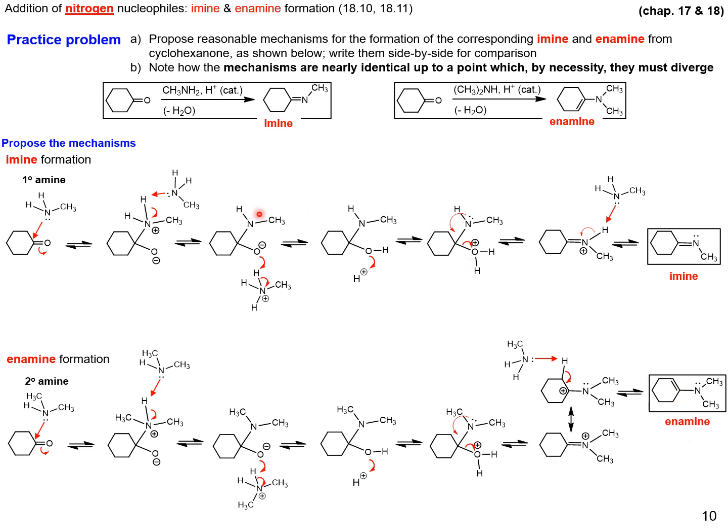So notice how both of these mechanisms are identical up to this point, where the very last step, where we lose a proton. And also please notice that some of the steps that we're performing here, nucleophilic additions, two-step proton transfers, protonating the leaving group to make it a good leaving group, are very similar to the mechanism for the formation of an acetal from aldehydes and ketones.